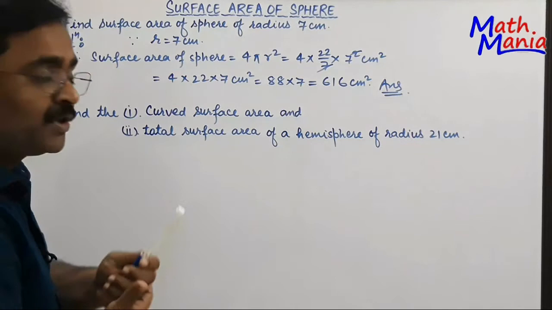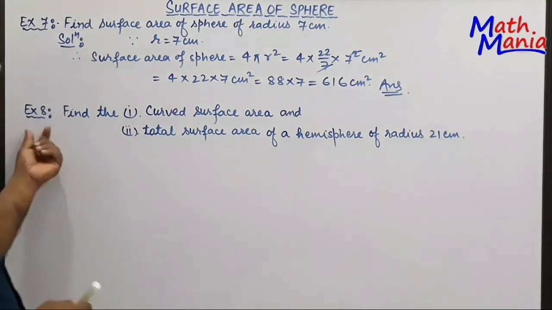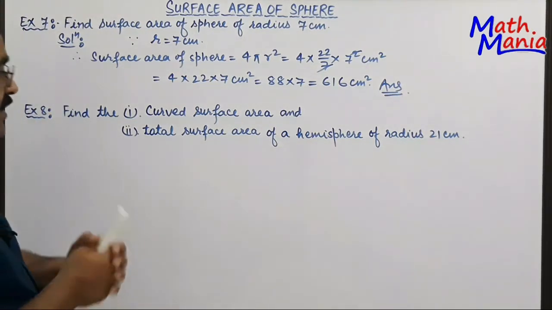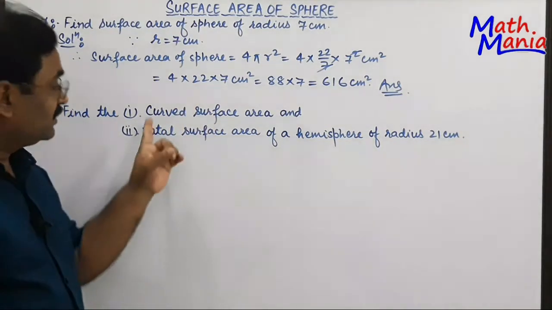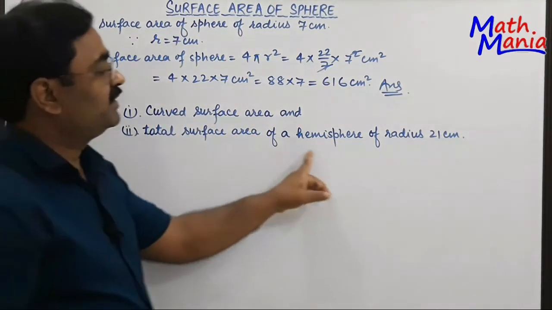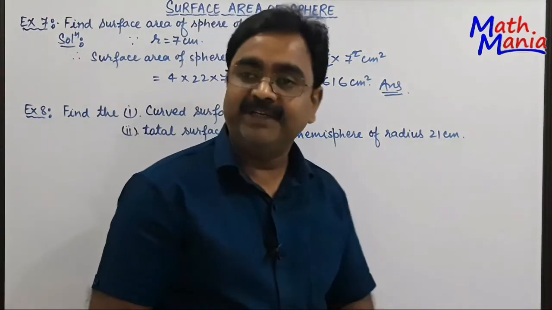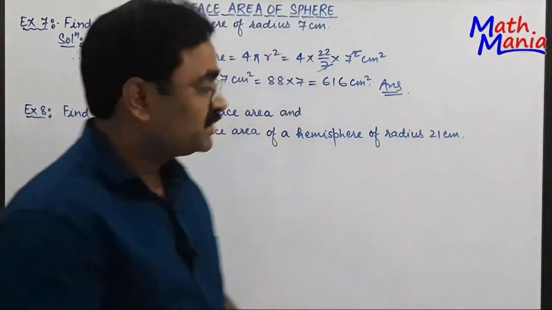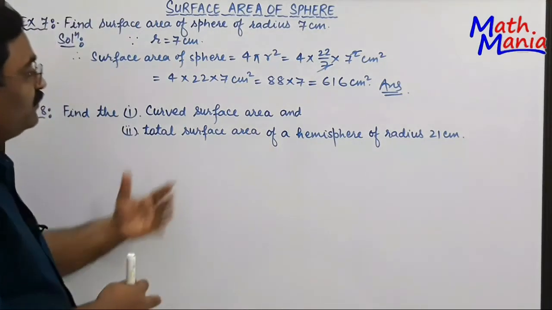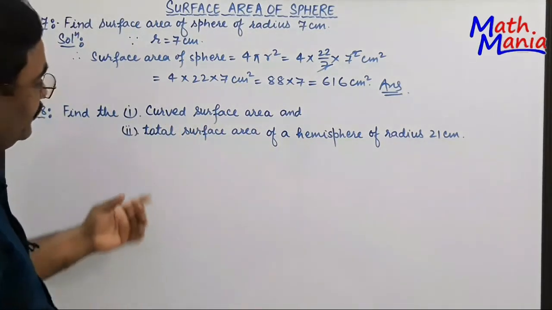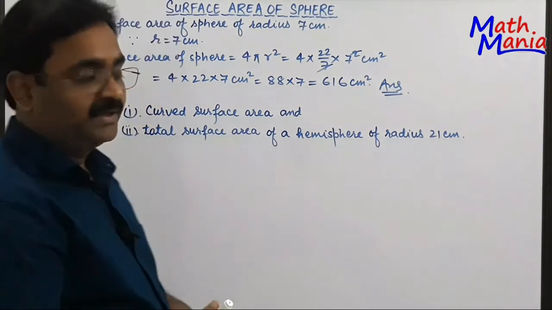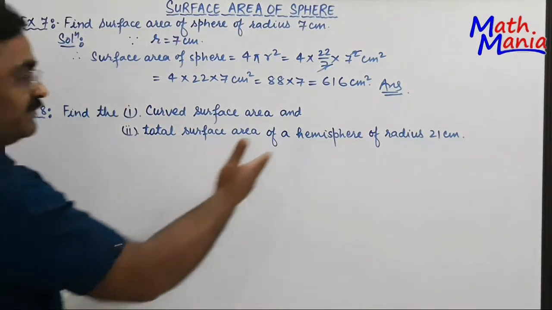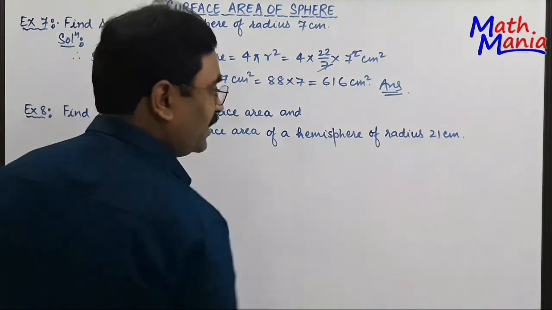Understood friends? After that, example number 8 of your textbook is also given. In this, the question asks to find the curved surface area and total surface area of a hemisphere of radius 21 centimeter. So it is a hemisphere. First we need to find the curved surface area, afterward we have to find the total surface area of the hemisphere. The radius is given as 21 centimeter as the value of r.